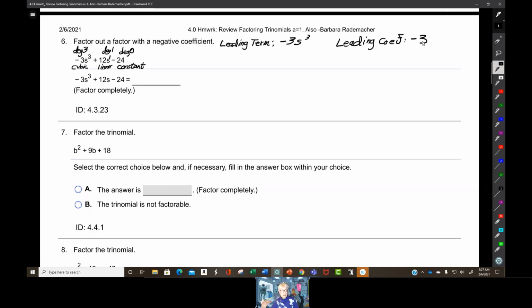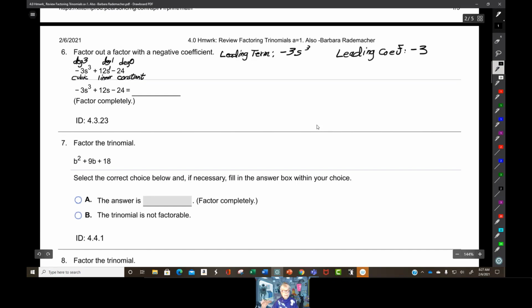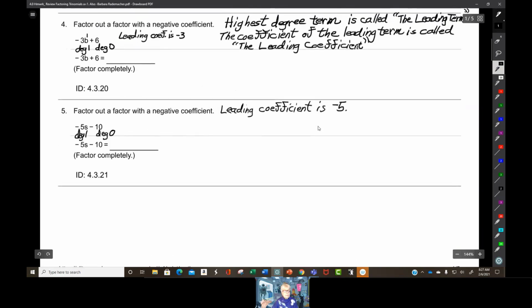Okay. When the leading coefficient is negative.